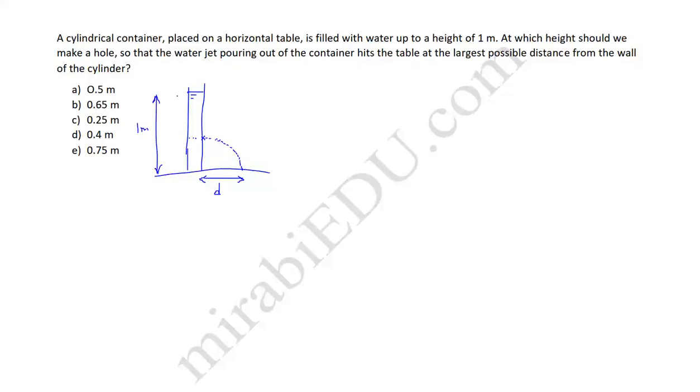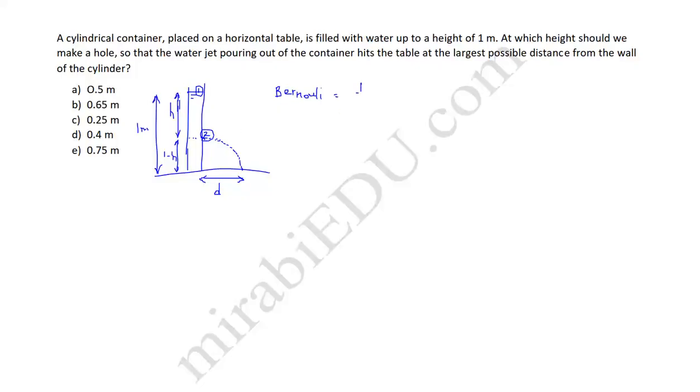So I'll take this to be h, and then the remaining is 1 minus h. First, I apply Bernoulli principle between 1 and 2. So 1 is the top level of the water, and 2 is where the water is pouring out of the container.